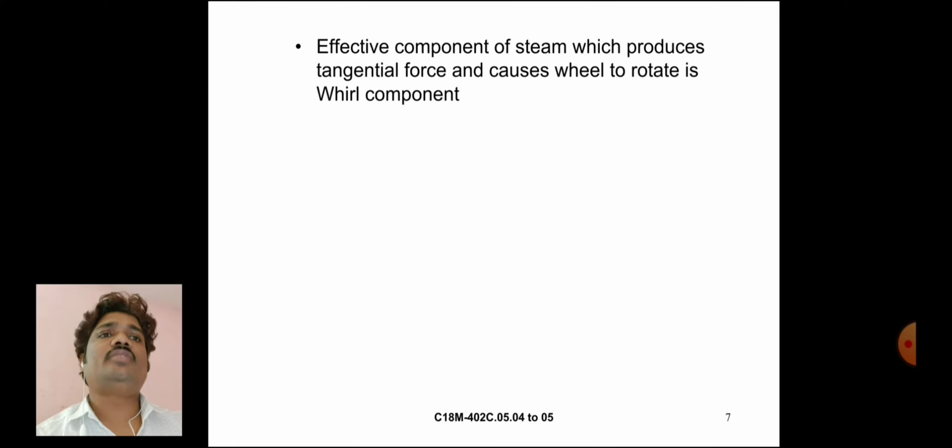The effective component of steam which produces tangential force and causes the wheel to rotate is the whirl component.